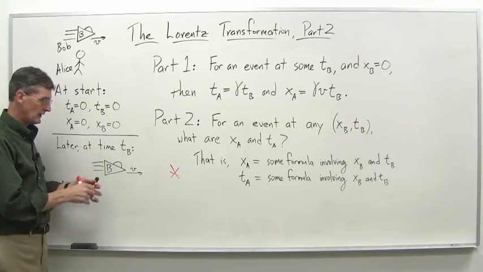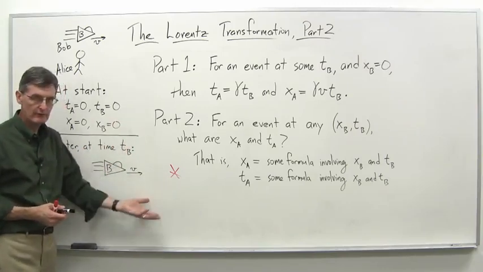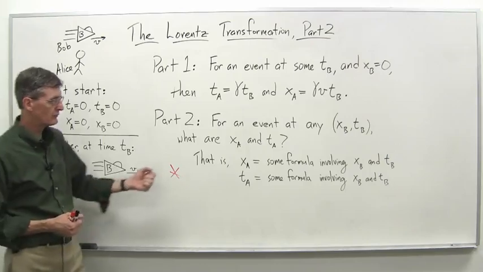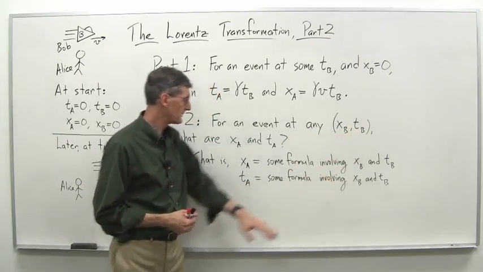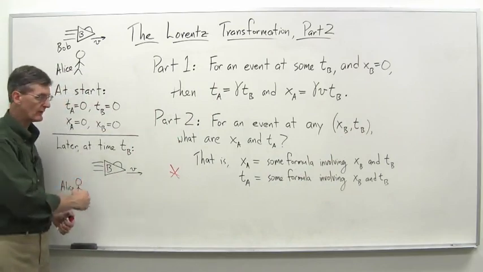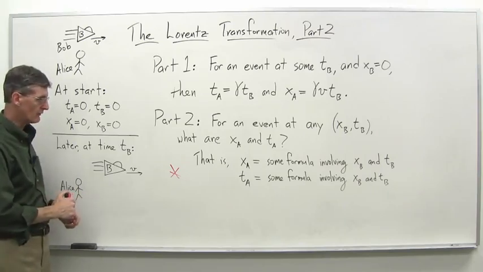And he says, hey, I saw a flash of light, an event, something occurred at x_B equals something or other, and time something or other by my lattice of clocks. In other words, some x_B, t_B. We'd like to find out, for Alice, what would be the x location of that, and what would be the time showing on her lattice of clocks.